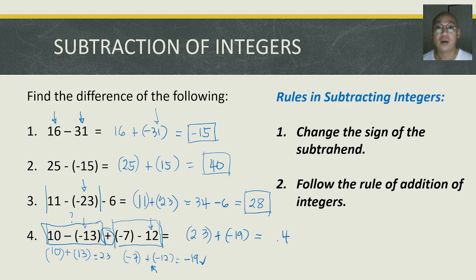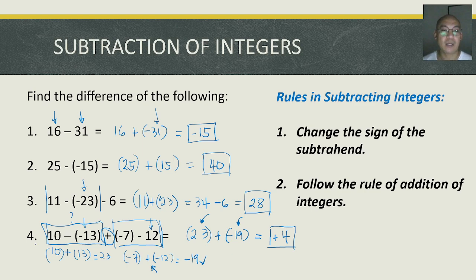Why 4? Because 23 is a positive, 19 is a negative. So we're going to subtract as per rule of addition of integers. And which one has the larger number? And that is 23. Let's get the sign of 23, which is positive. So the answer is positive 4.